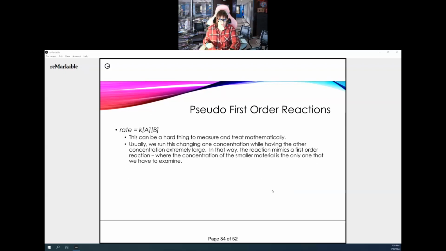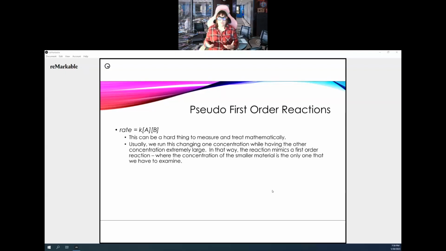Now we're going to talk about something called pseudo order. Let's look at this. Rate equals k times A times B. This can be a hard thing to measure and treat mathematically. Usually we run this changing one concentration while having the other be a really, really large concentration. If one of those is a huge concentration, it effectively becomes part of the rate constant.